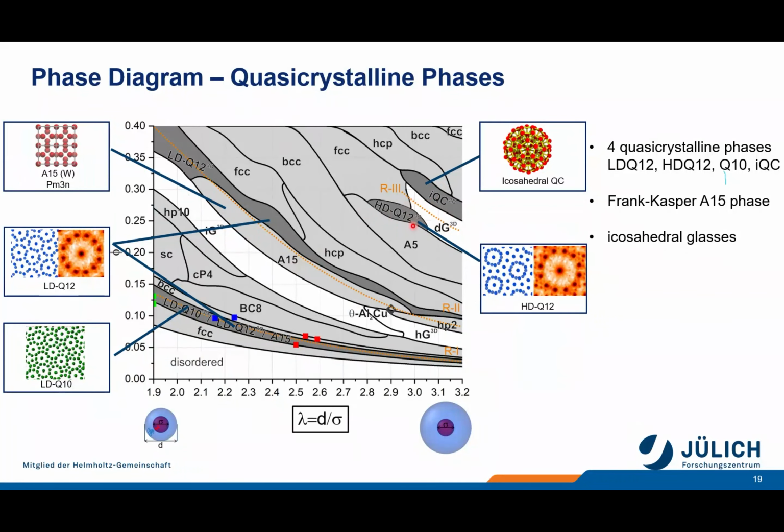Then we have some high-density phases where the shells are considerably squeezed together. So there is a high density with 12-fold rotational symmetry having a different structure compared to this one. And we have an icosahedral quasicrystalline phase. In addition, there is this A15 Frank-Kasper phase, which usually is in the vicinity of such quasicrystalline phases. So this is remarkable that just with a very simple core-shell system, you do MD simulations and you find stability regions for many of the most common quasicrystalline phases.